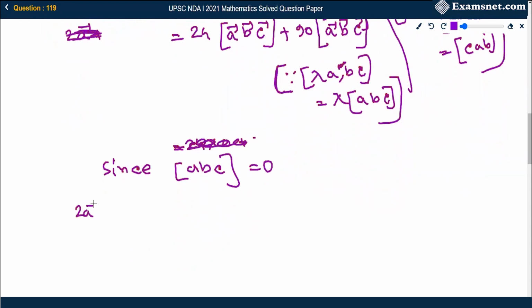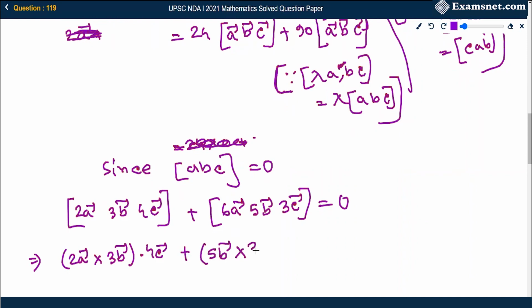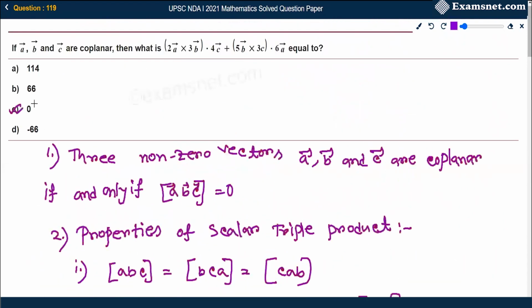So the expression equals 0. So here option C is the correct answer.